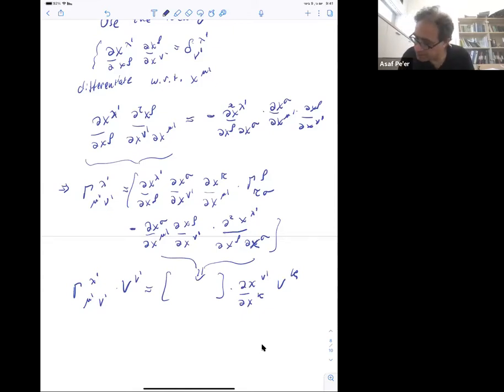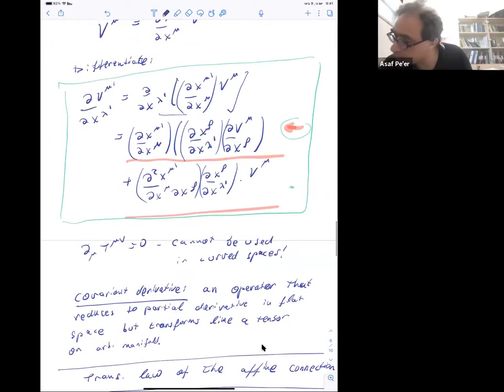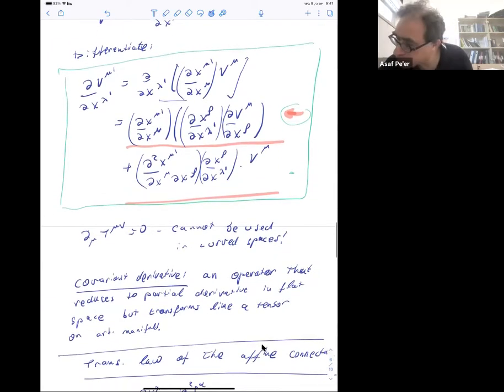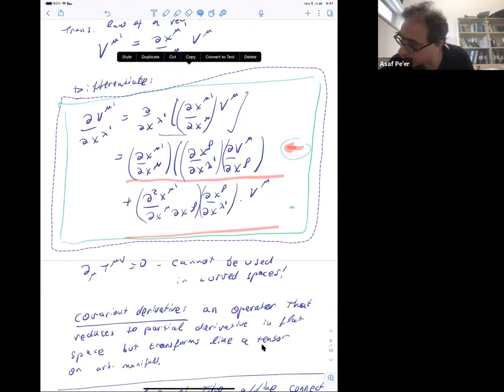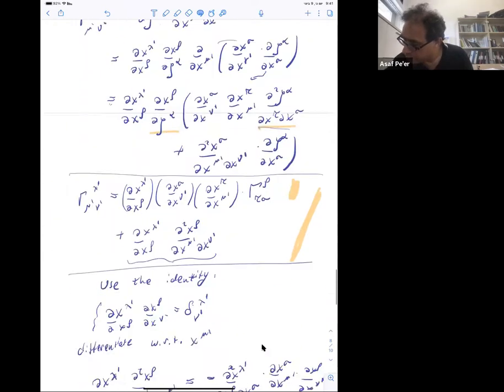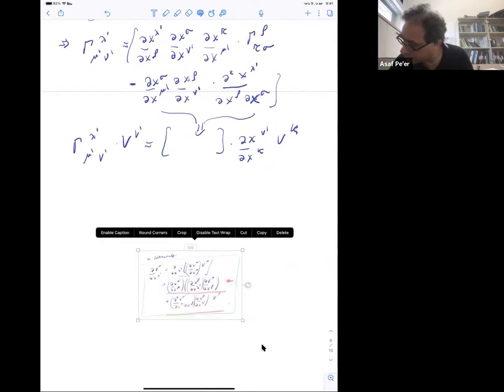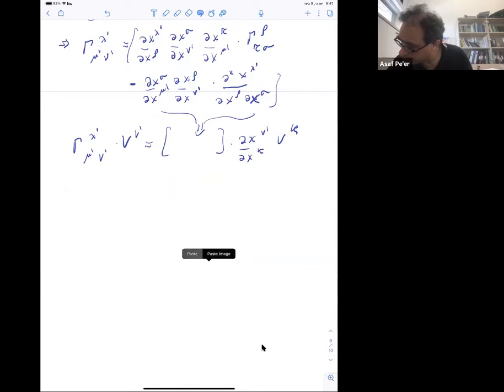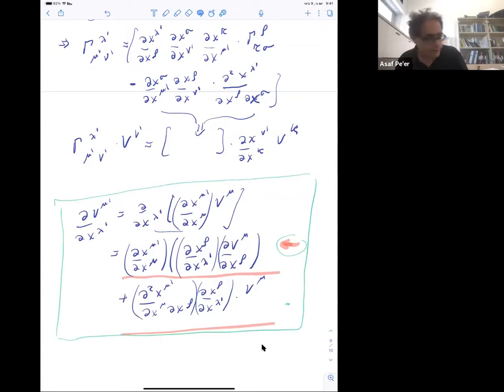So now I have that. And to that, I'm going to add the equation I had for V, which is this. Then I'm adding this equation.